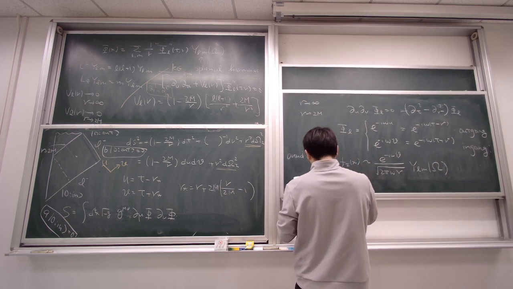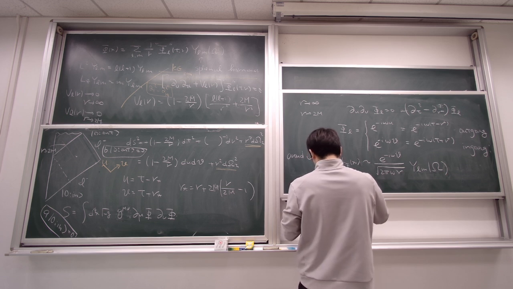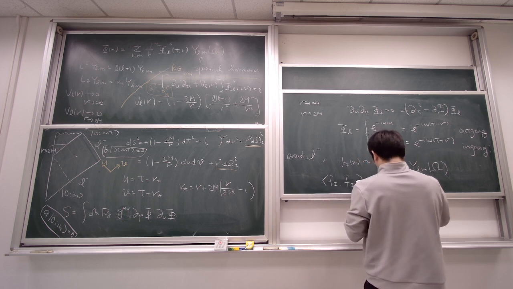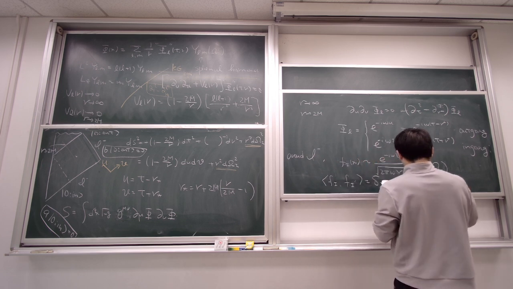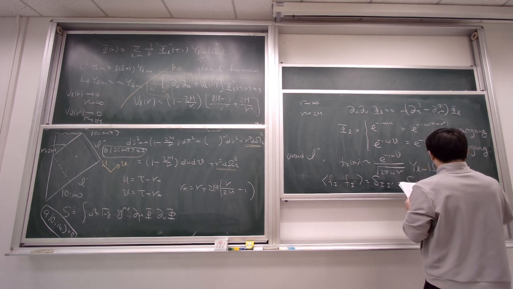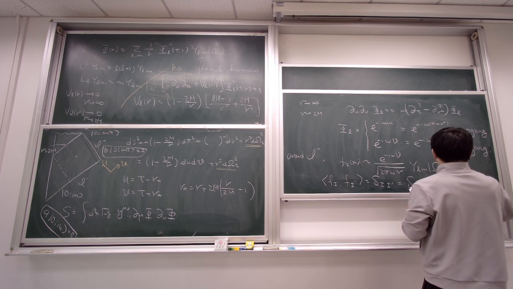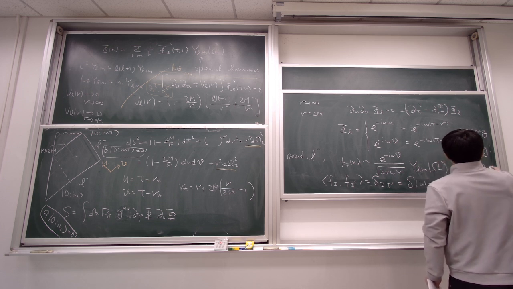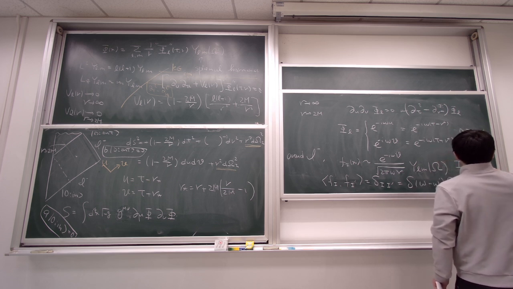We define, as usual, delta_ii prime, which is delta of omega minus omega prime, delta l l prime, delta m m prime. So i stands for omega, l, and m.